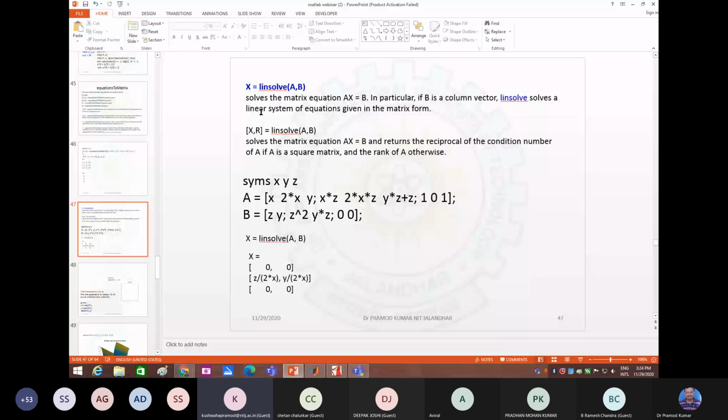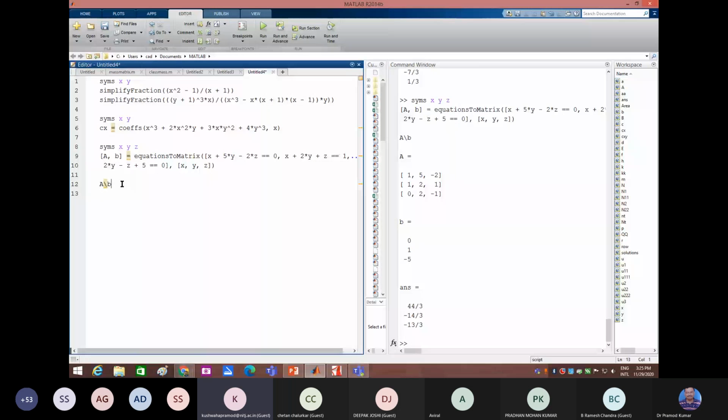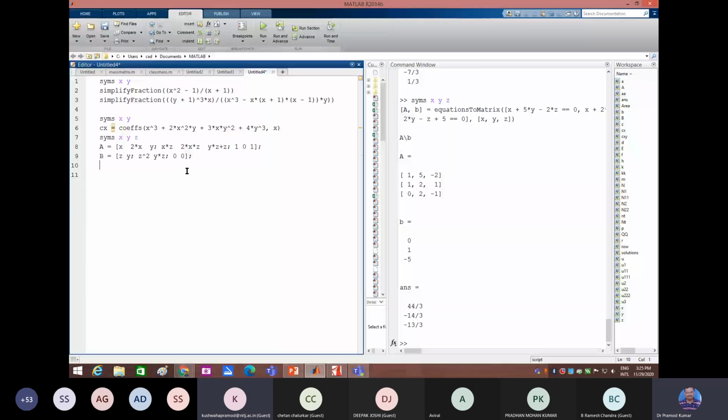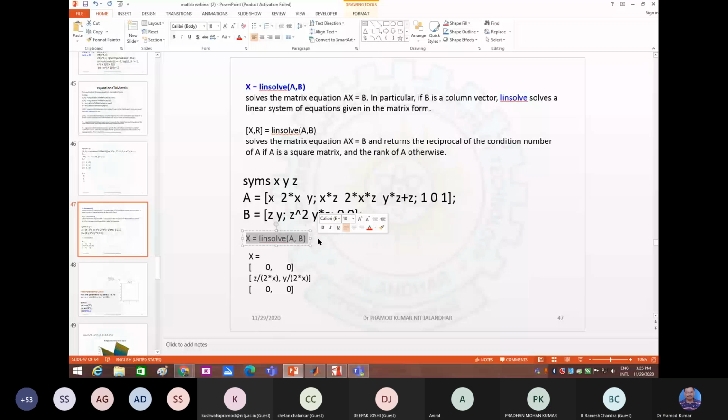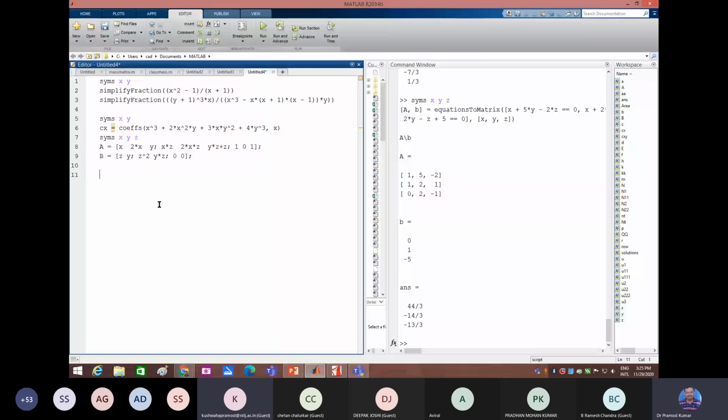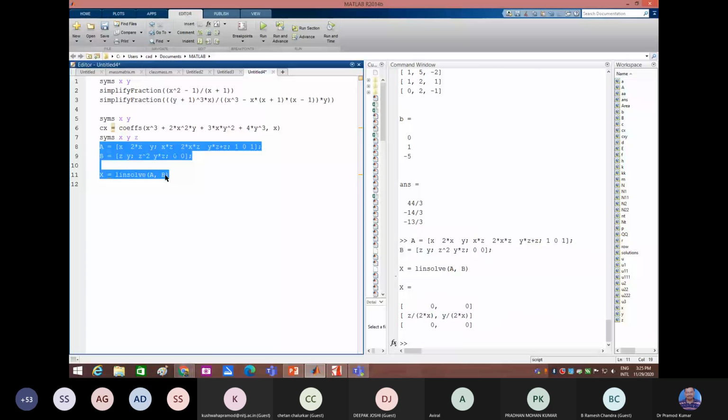Solve the matrix, return the reciprocal of A, and a similar expression is there. Let us try here, whether it works or not. This is the A and B, and let us see if we get the solution out of this.